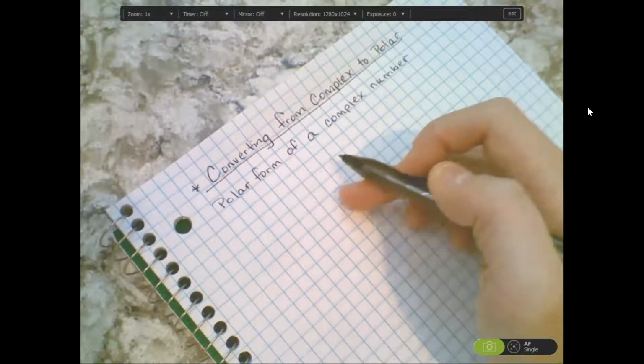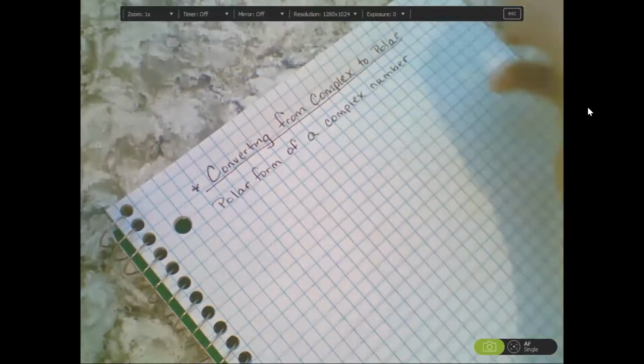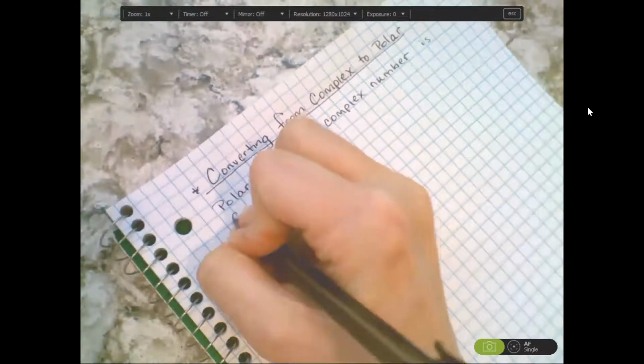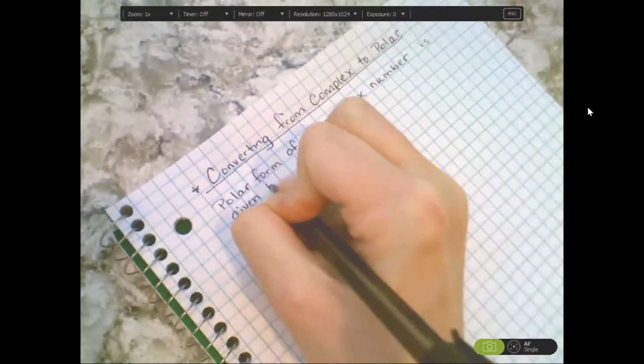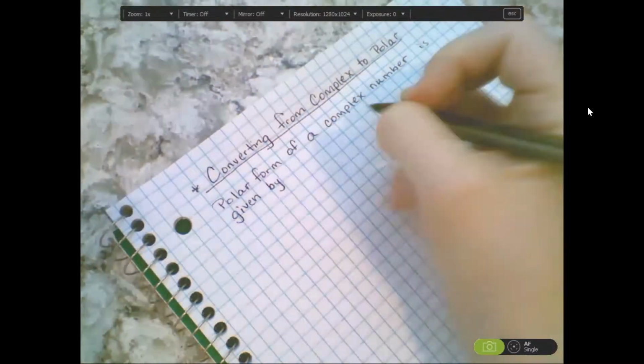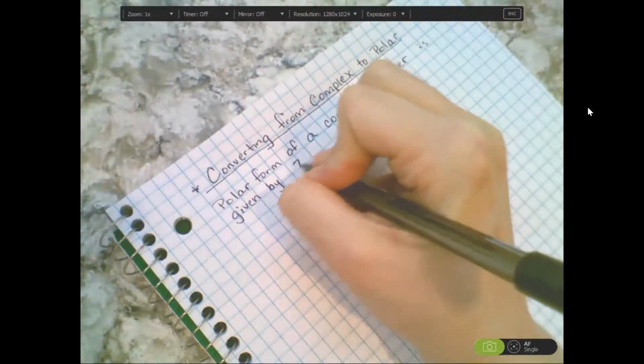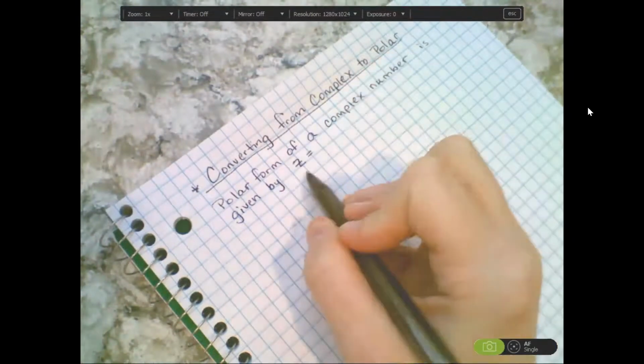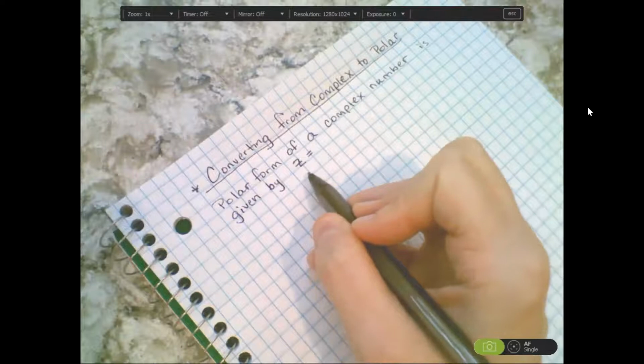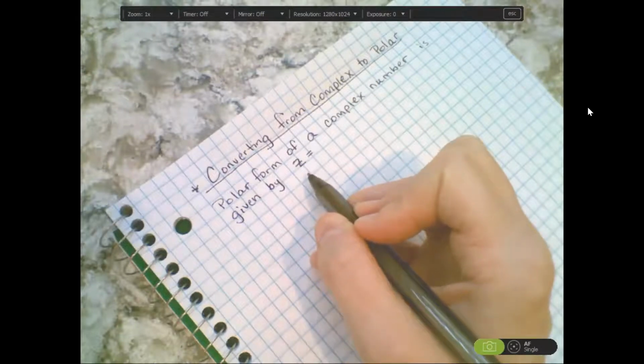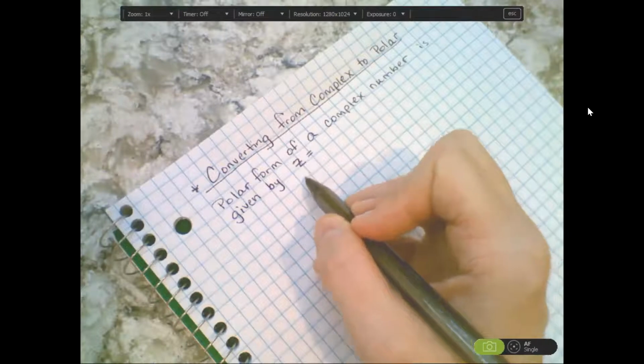So polar form of a complex number is given by z equals, so again, we're calling it z because it's a complex number. So that z just tells us, that's just kind of a really standard way of saying, oh, hey, we've got a complex number.